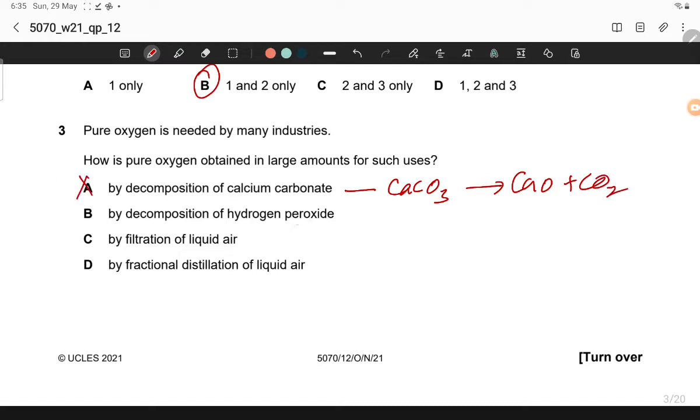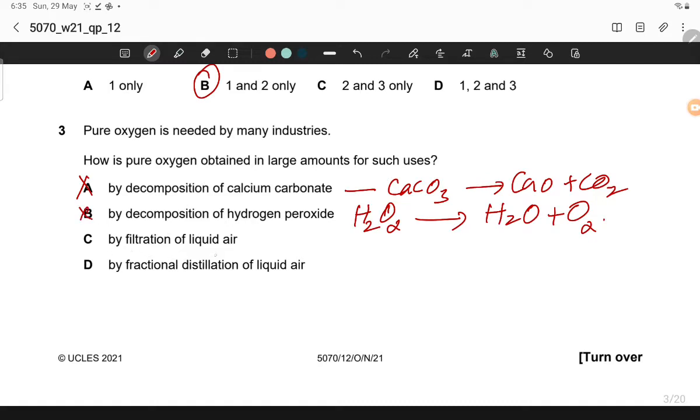By decomposition of hydrogen peroxide, giving H2O and O2, but this reaction is not used to obtain oxygen in large amount for such uses, so this is incorrect.